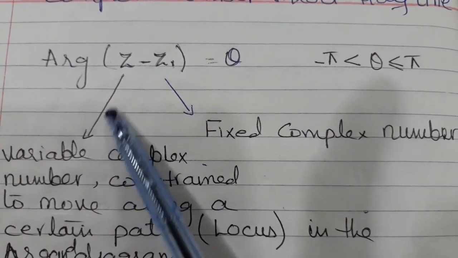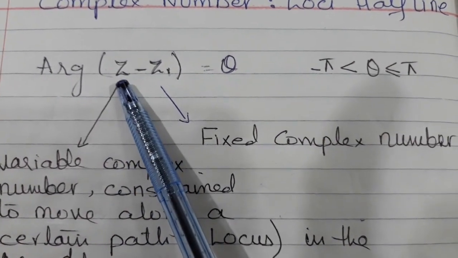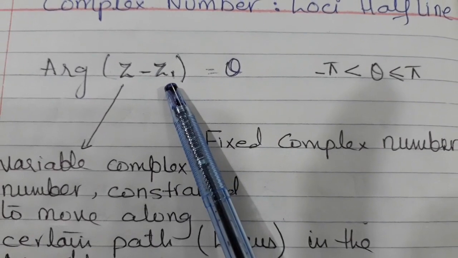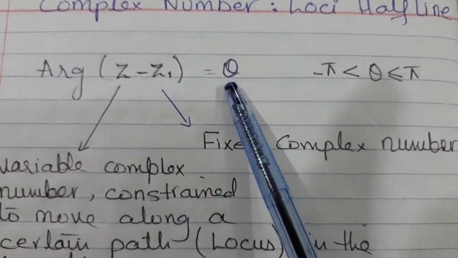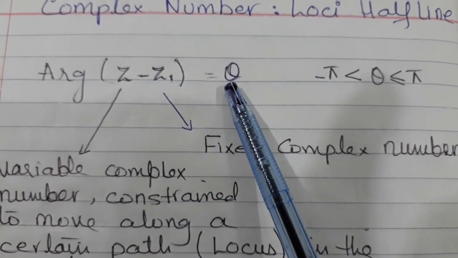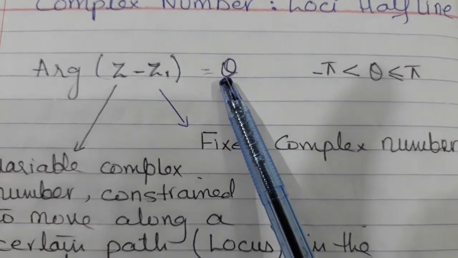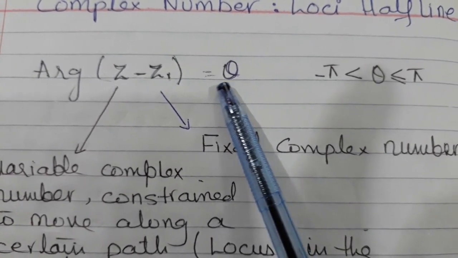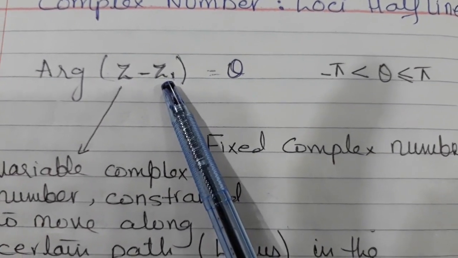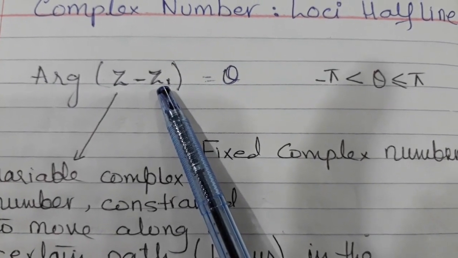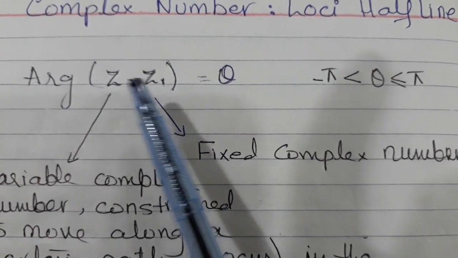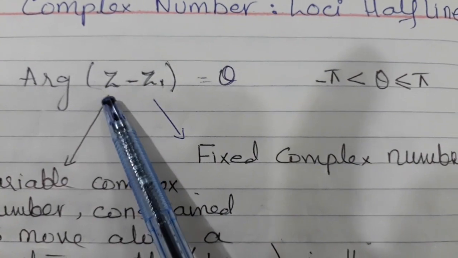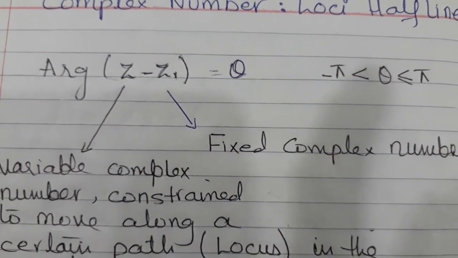This simply means that this is a movable point and this is a fixed point, and theta is the angle made between the horizontal line drawn at this point towards the positive real axis and this variable point. We will see the explanation of it below.